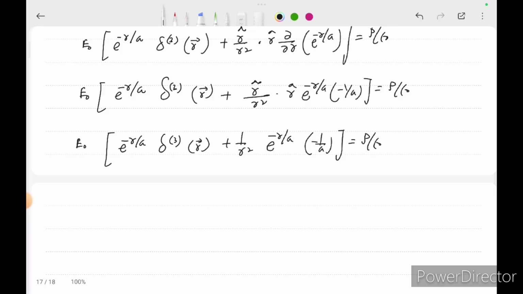Understood what I actually calculated and how we calculate this type of problem. So finally we get the charge density.